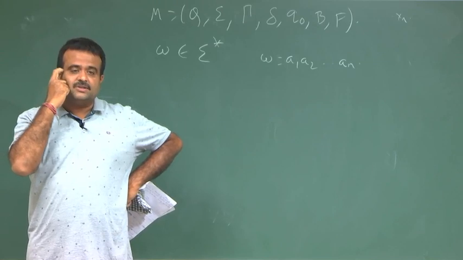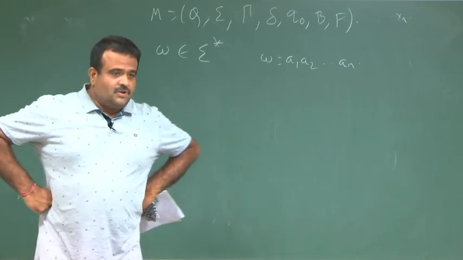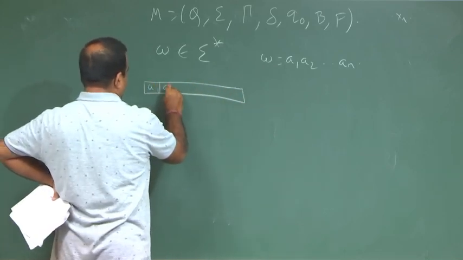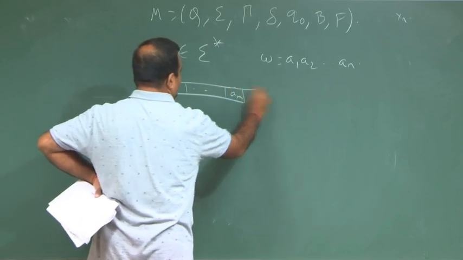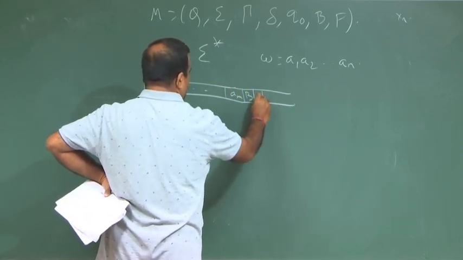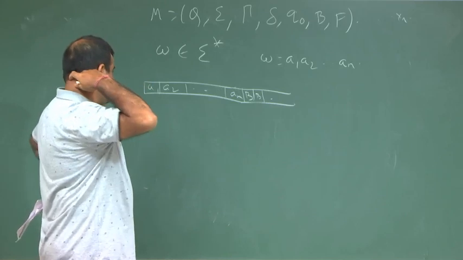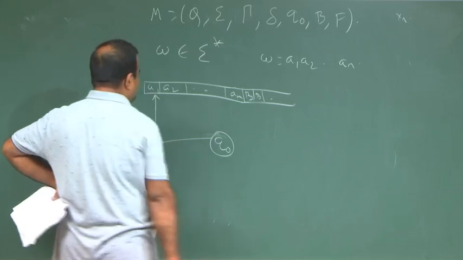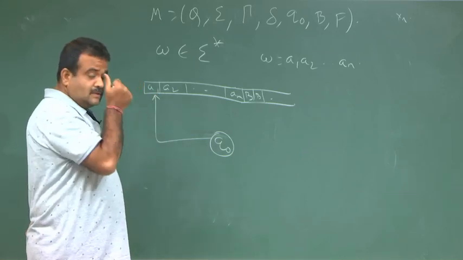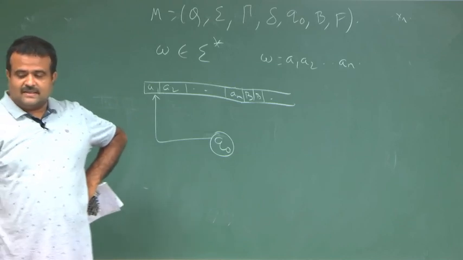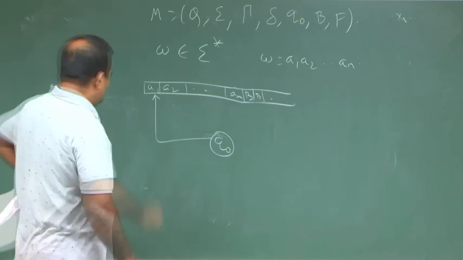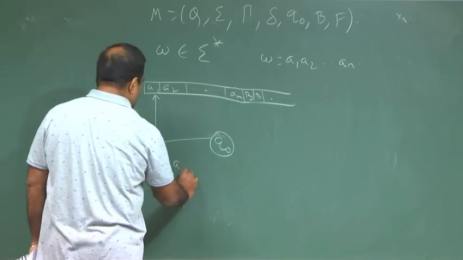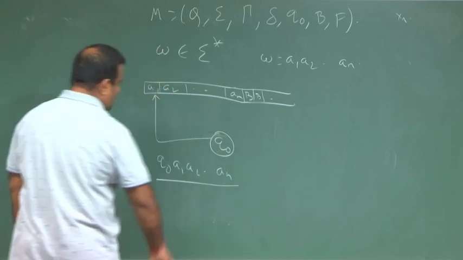This will be accepted by this Turing machine if we start with this on the tape, which is not bounded, and we are at Q0, pointing to the first symbol. This is the initial snapshot of the machine. So, what is the ID? The ID is Q0, the way we defined ID, and then the whole W, A1, A2 up to AN. This is the initial ID.